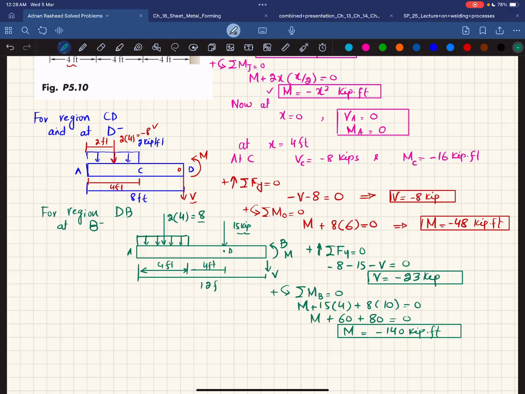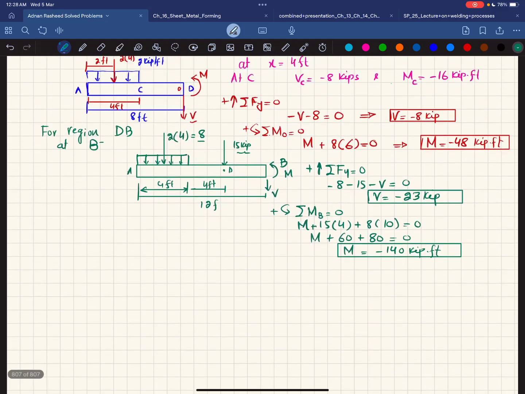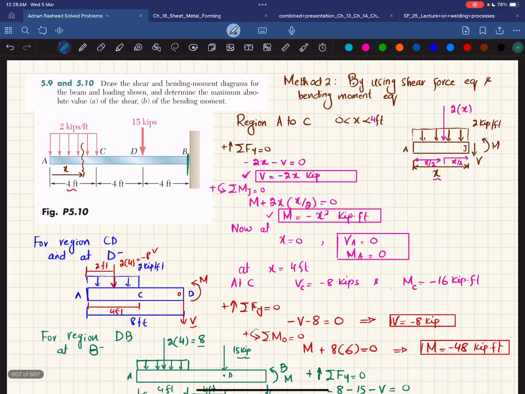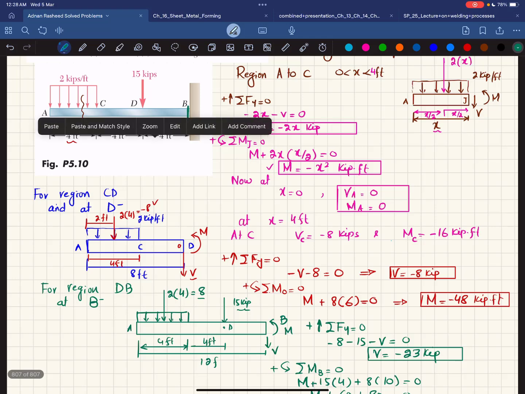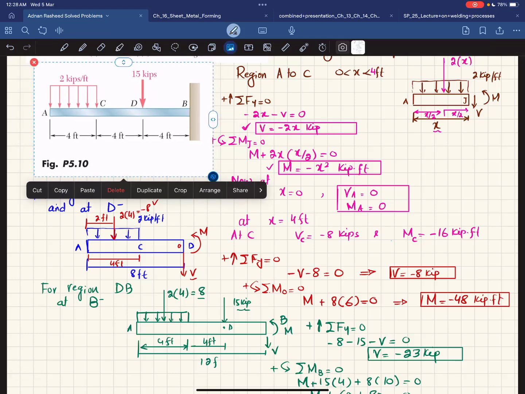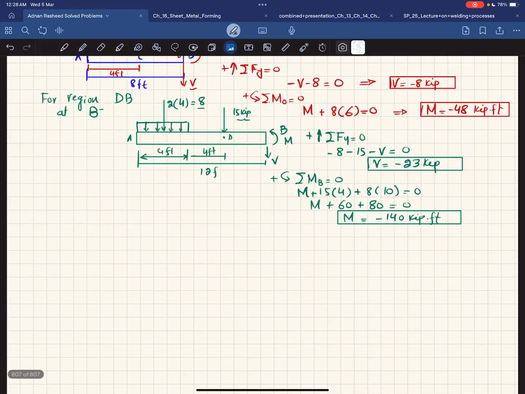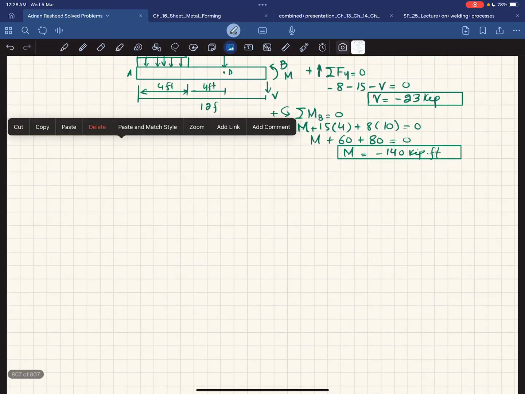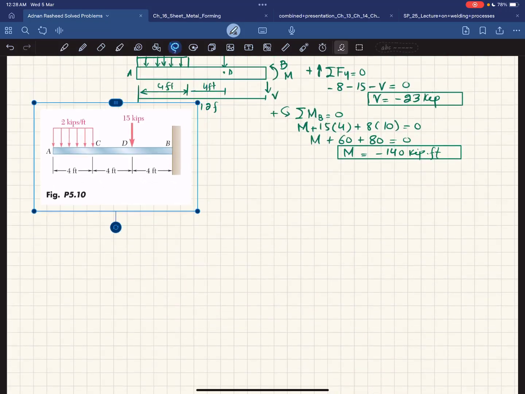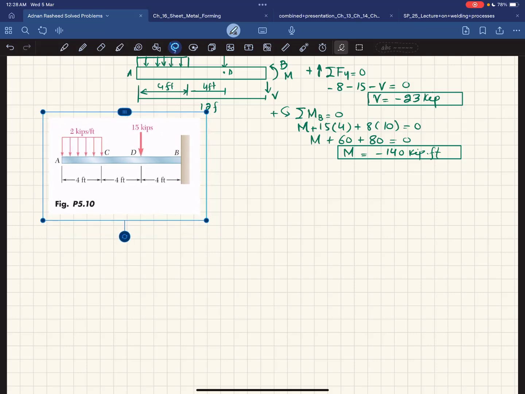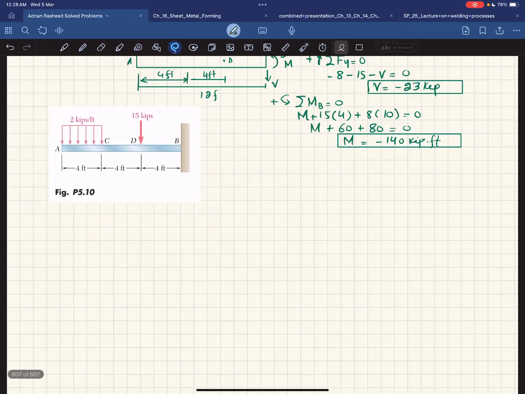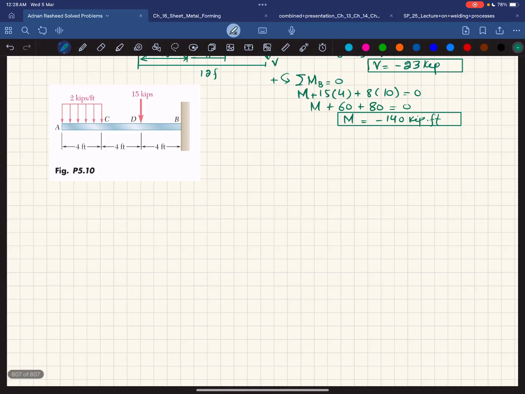Okay. Now we have all these values. So what we will do is that we will just plot them, clear, and we will draw the shear force and bending moment diagram. For that I will take this figure and I will copy it downward. Okay, like this. I will make it smaller. Now for shear force and bending moment diagram, what you have to do is that you have to take vertical lines from the end of this beam, clear, and first we will draw the shear force.